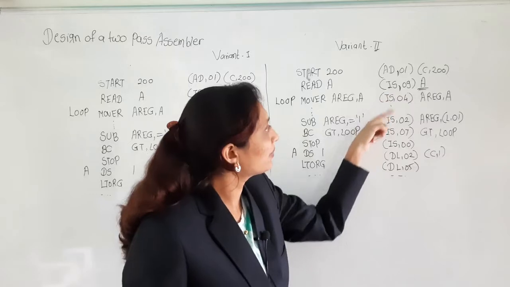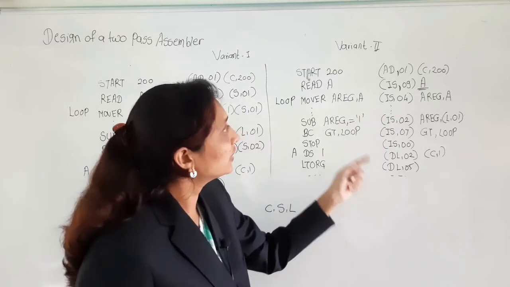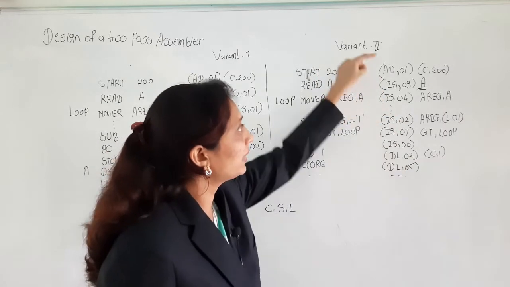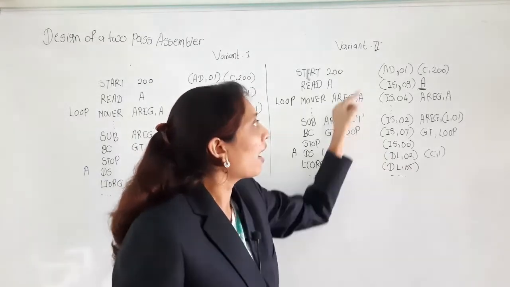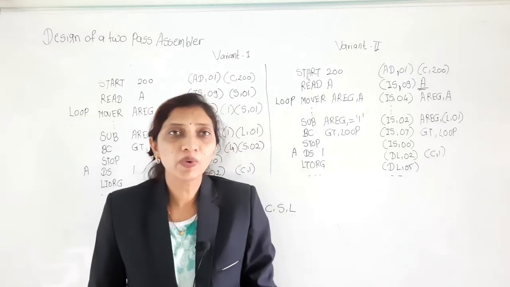Generally, instead of the imperative statement, the assembler directive statement and declarative statement are in the processed form. Why are they in the processed form?